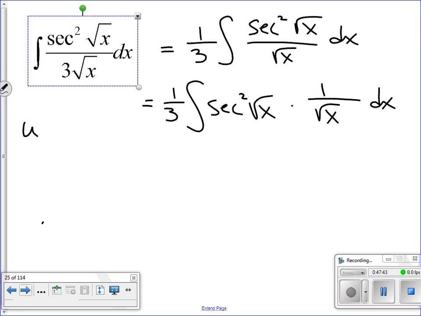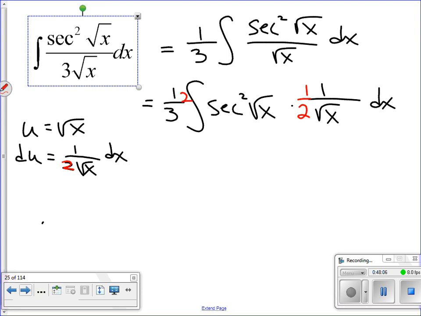So if we let u equal rad x, du is 1/2 x to the negative 1/2, but this one you'd like to know by heart, 1 over 2 rad x dx. So when you take a look to see if you have your factors of du, you say, oh yeah, I'm missing a 2, but it's in the denominator. So if you put a 2 down here, what you're really multiplying by is a 1/2 inside.